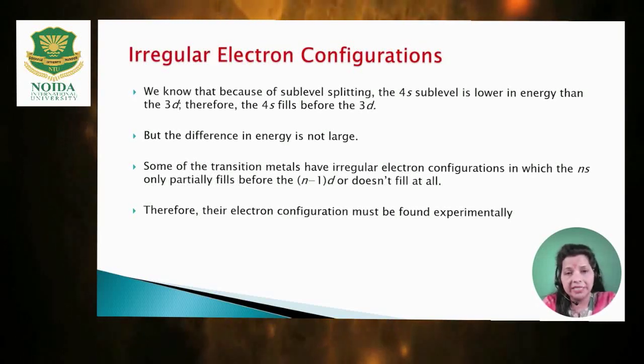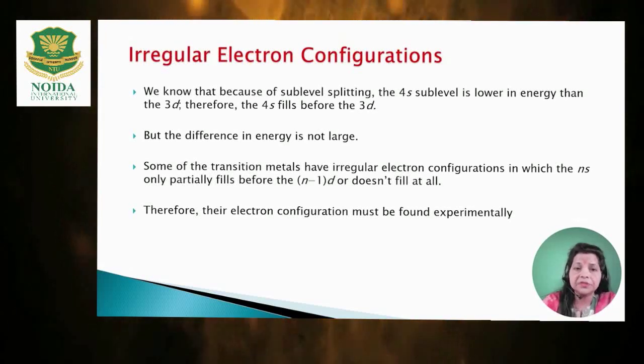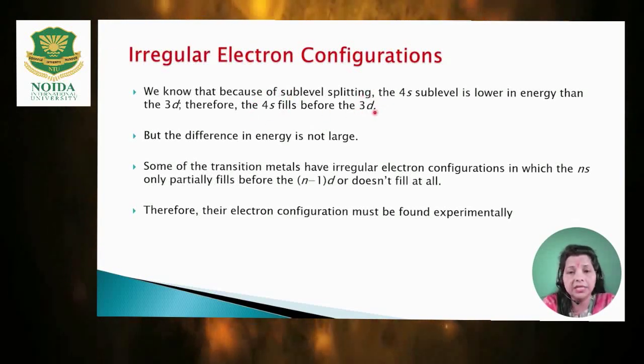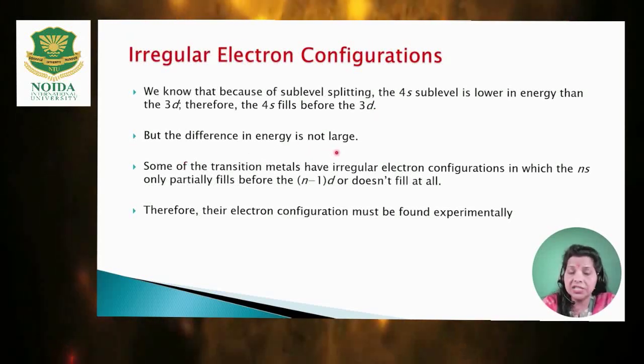Ideally it should go this way, and before going to the 3d orbital the electron goes into the 4s orbital. Sometimes it does not fill the 4s completely. The maximum number of electrons in the 4s is 2, but sometimes it is just 4s1 and 3d5 or 3d10, right? I will explain later, but the energy difference is not large.